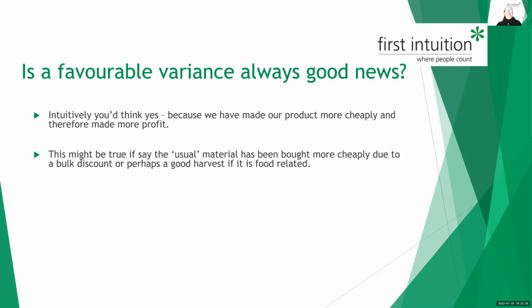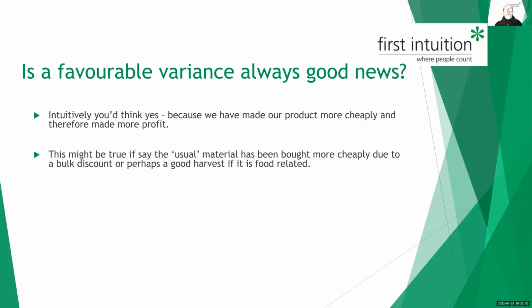If there's a perfectly good reason for it, maybe you've bought the usual material more cheaply because you've negotiated a really good bulk discount. Your supplier perhaps has over-ordered. It says you can take 3 times your normal quantity, I'll knock you so much off the price. Great. And I said it with the example of the coffee beans.